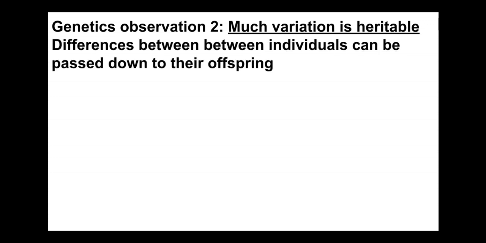Again, Darwin didn't know what these were, but he could definitely see the pattern that offspring often are similar to their parents, and offspring then pass those traits on to their offspring. So grandchildren often bear similarity to their grandparents.